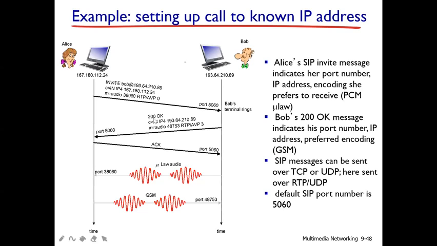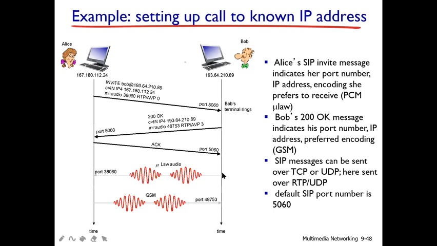Now 200, we know that 200 means OK, the connection is established, right? It will indicate his port number and IP address, and then it will prefer the encoding part, then send to the particular port number. Then the SIP messages can be sent over your acknowledgement, whether it is TCP or UDP.